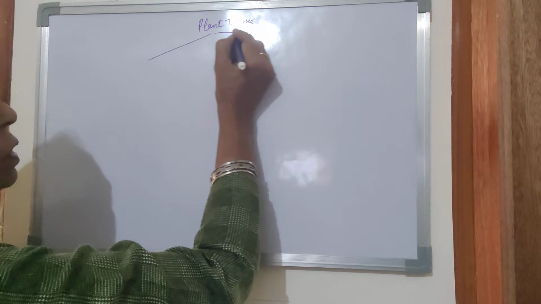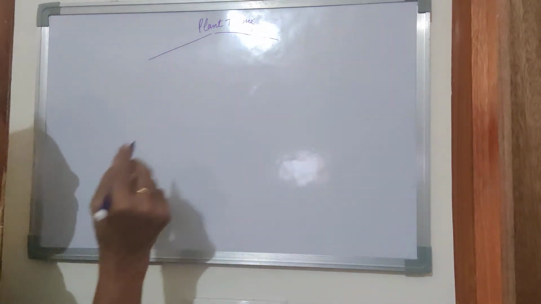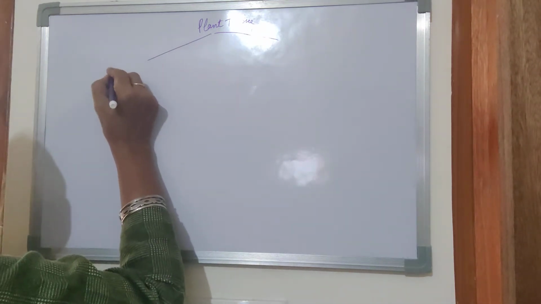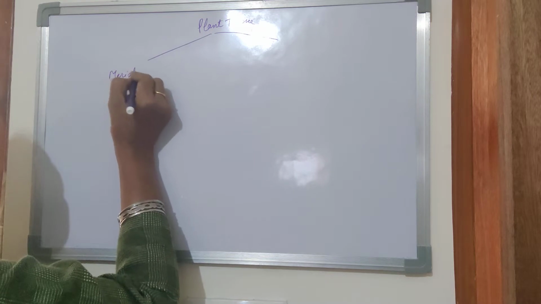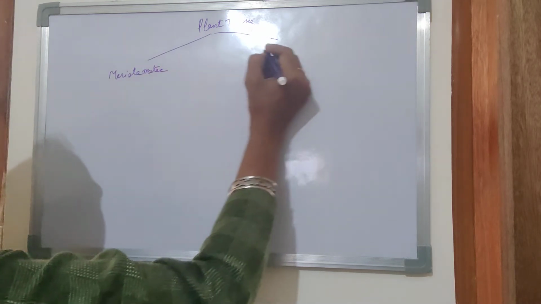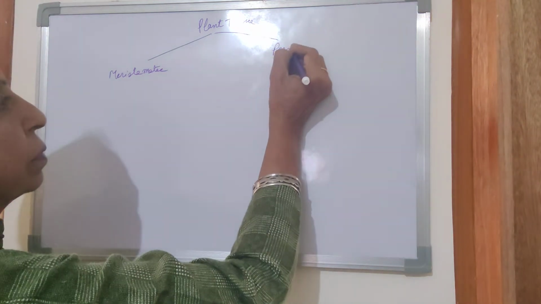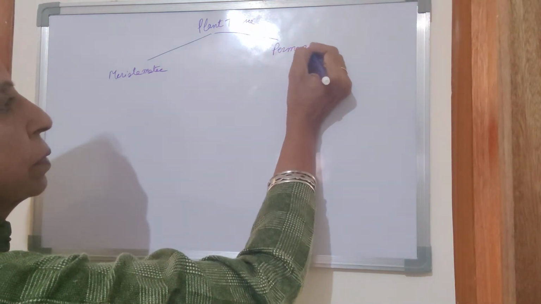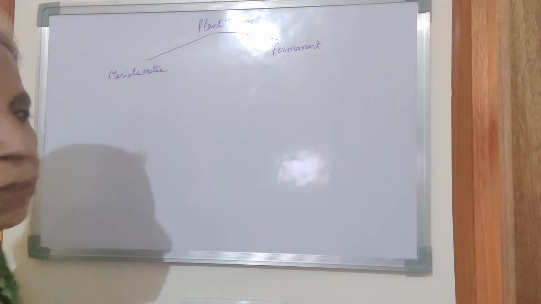There are two types of cells in the plant tissue, that is meristematic and permanent. In the meristematic tissue, the cells are dividing and redividing. They have the power of division.